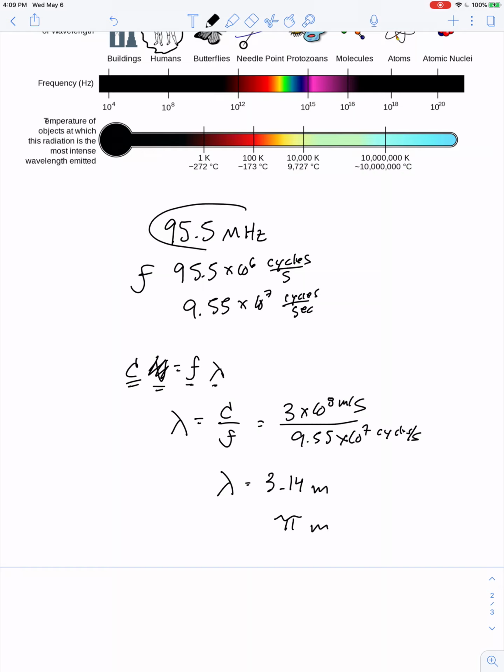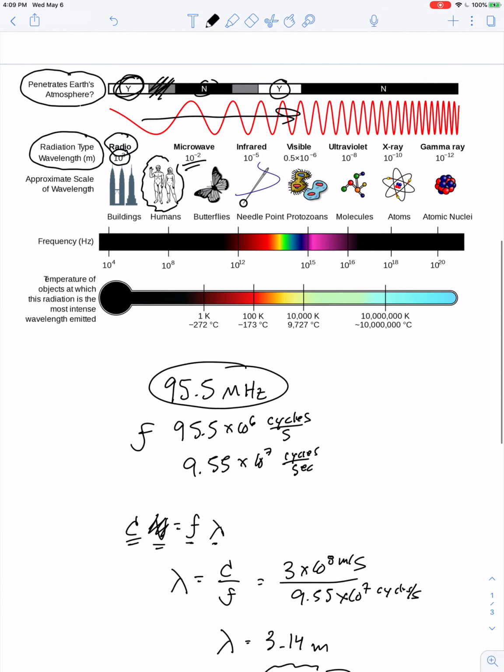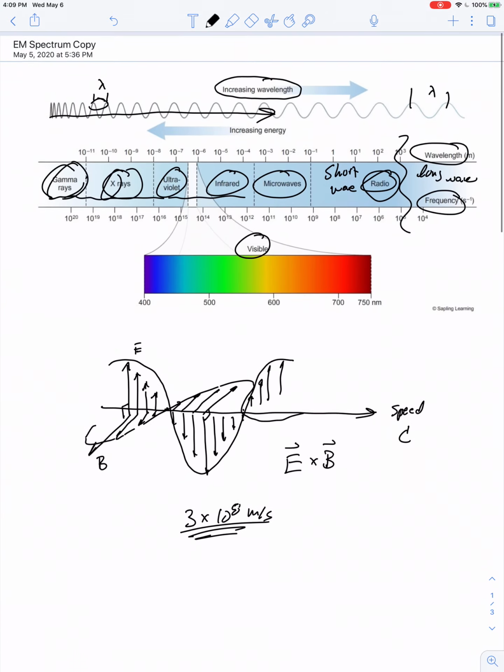So KLOS is the only radio broadcast that gets the distinction of having a wavelength of pi meters. I actually once called in to their radio station. They put me on the air, and I tried to explain to them what a neat thing that was, but the DJs had no idea what I was talking about.